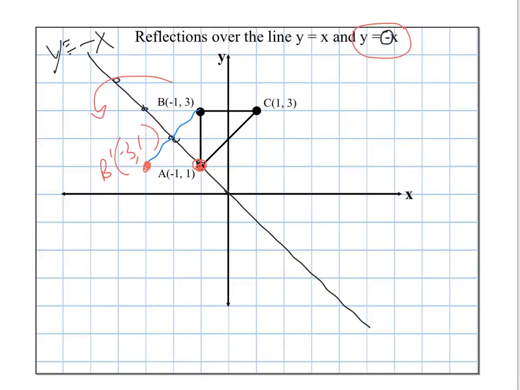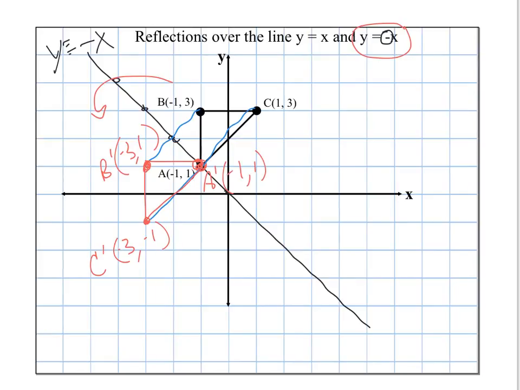C is going to follow right on this line all the way across to there. And that's going to look like negative 3, negative 1. Connect that, and there you have your triangle ABC reflected over the line y equals negative x to give you A prime, B prime, C prime. So this also is A prime at negative 1, 1.